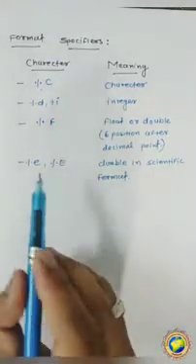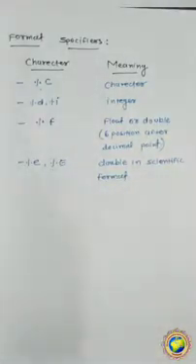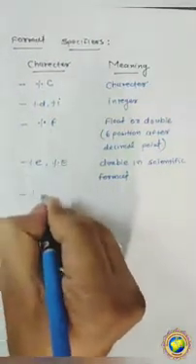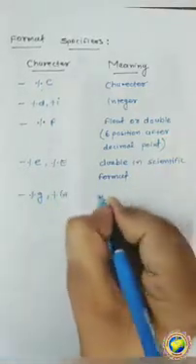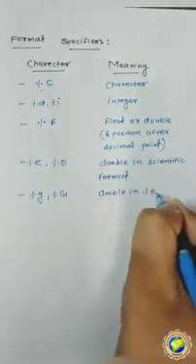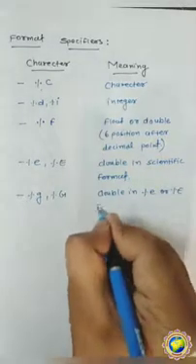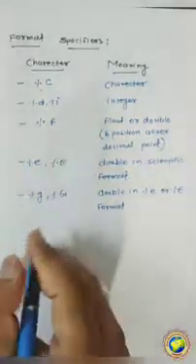Okay, so %e or %E is used for a double in a scientific format. Okay, then %g or %G is used for double in %e or %f format.